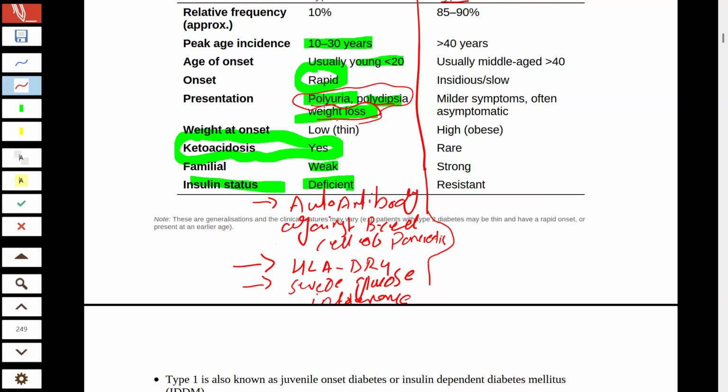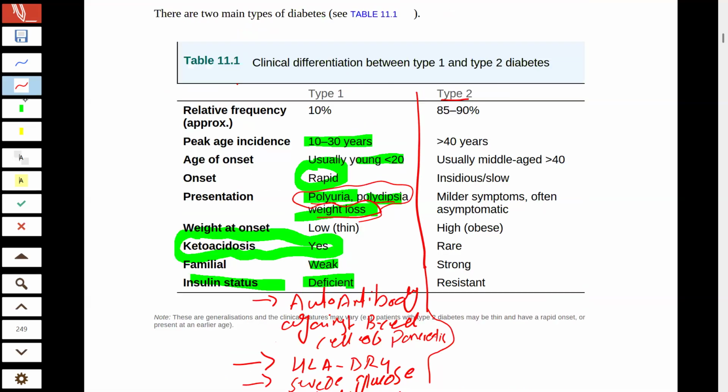Okay, moving to type 2 diabetes mellitus. Type 2 mostly affects older ages, after the age of 40, middle-aged people, with slow onset, and the presentation is milder as compared to type 1, like polyuria, polydipsia, weight loss.